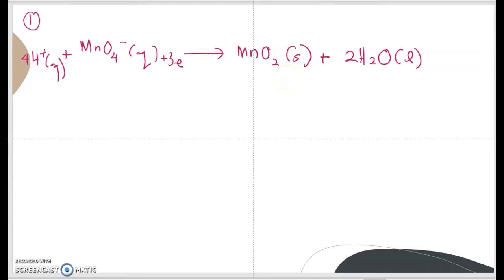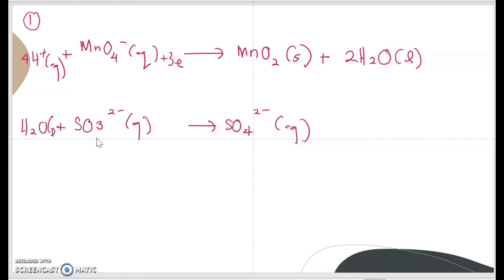Okay, so the second equation is SO3 2 minus becomes SO4 2 minus. Because we lack oxygen here, we need another 1 mole of water here. We add it, and this is 0, negative 2.